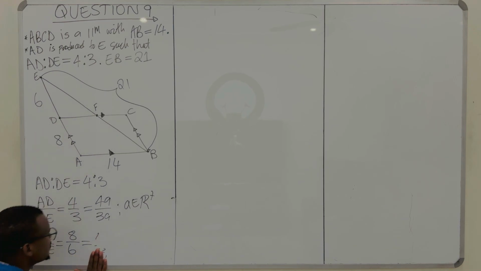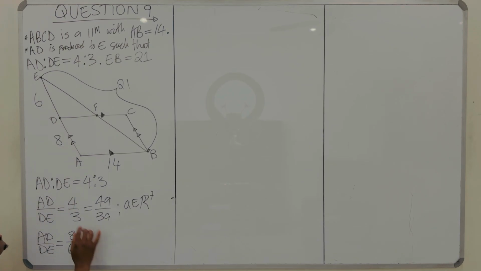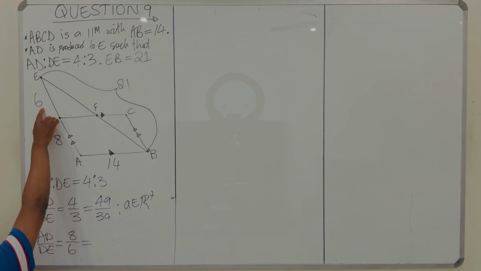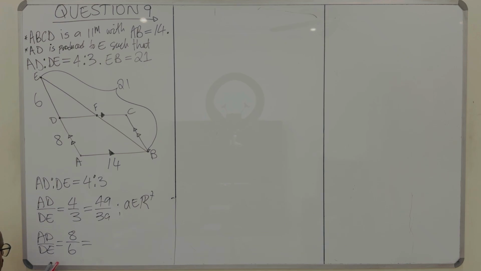So continuing with this example, where this was 8 and this was 6, now this will be 4 times 2 here, and this will be 3 times 2. You see these 2s will cancel away, and you're left with 4/3, which is what you have here.